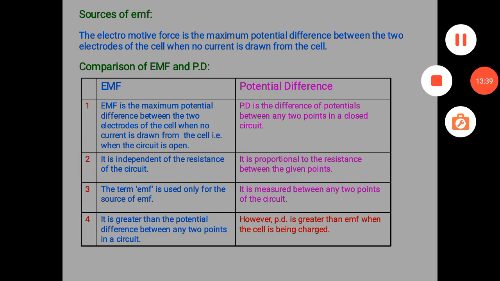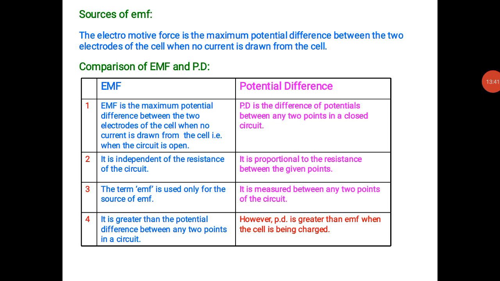Is it clear? Okay. So now, by knowing about the EMF and potential difference, let us discuss the term internal resistance of a cell. So what is this internal resistance of a cell?